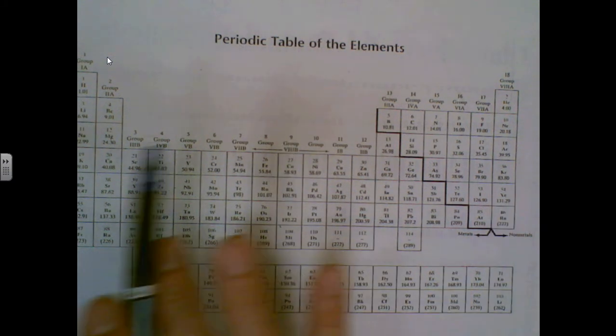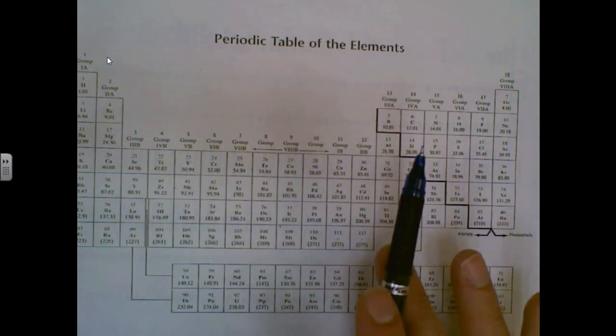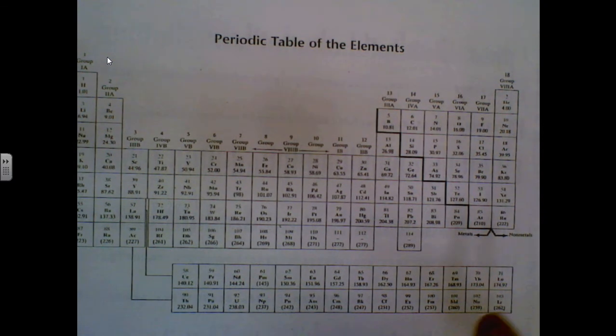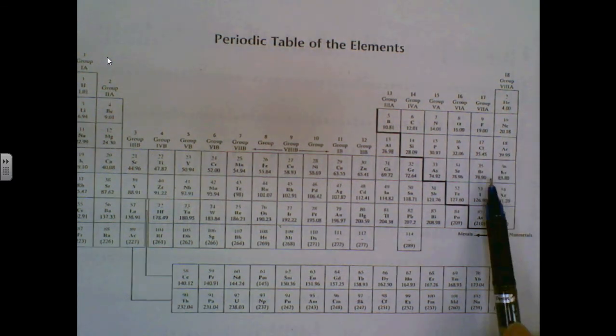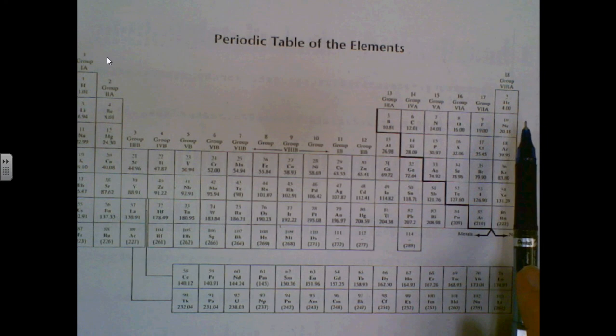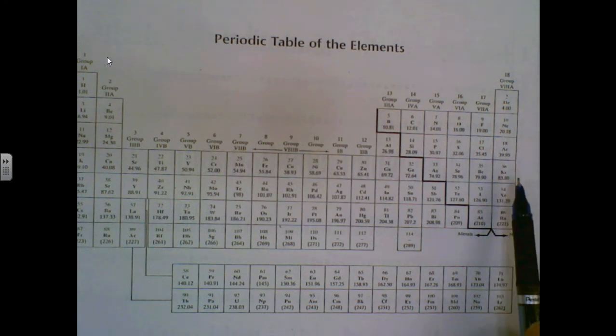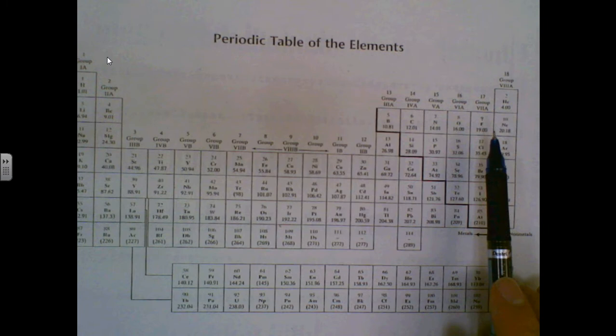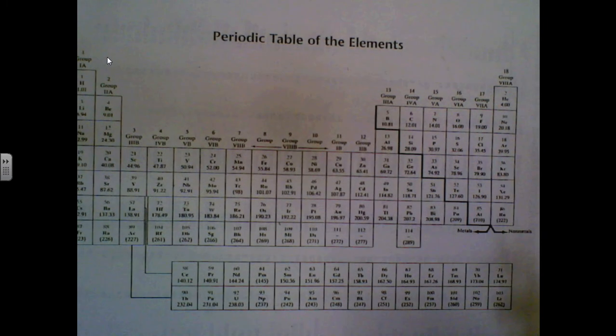All the atoms on the periodic table want 8 valence electrons. They all want a full outer shell. Well, fluorine and chlorine and bromine and iodine almost have that. They only need 1 more electron to become like neon, argon, krypton, and xenon. They desperately want that 1 more electron, and so we say that they're very electronegative.